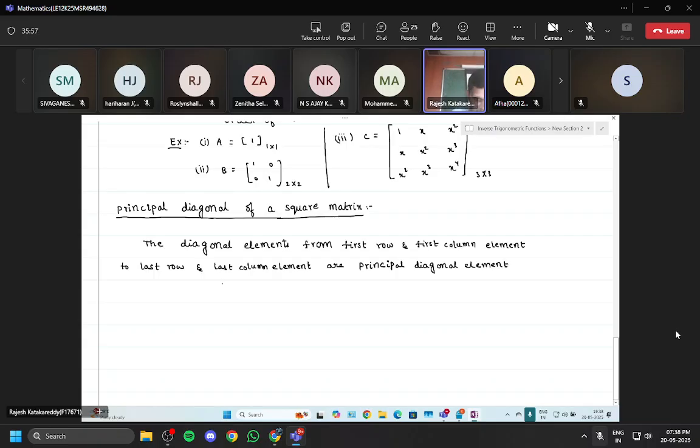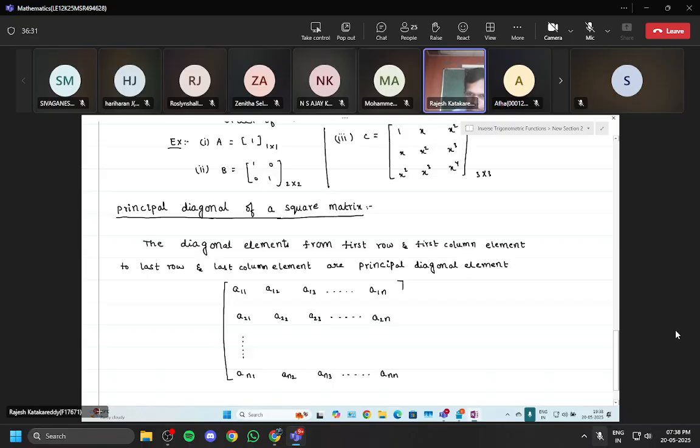See, for example, I have an n by n matrix, nth order square matrix: A11, A12, A13, and so on, going till A1n; A21, A22, A23, and so on, going till A2n; and so on, AN1, AN2, AN3 going till ANN.